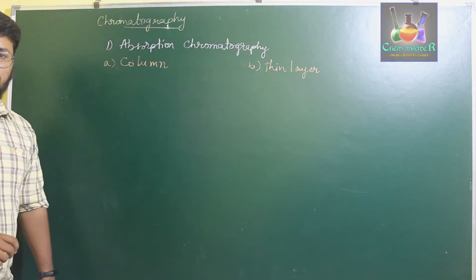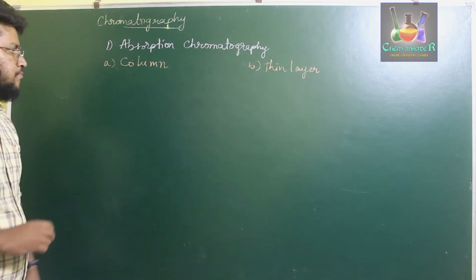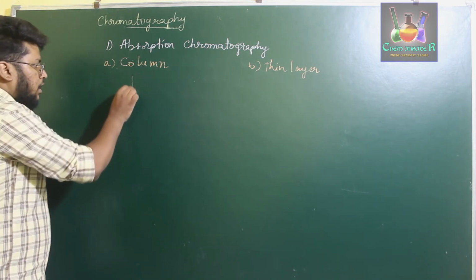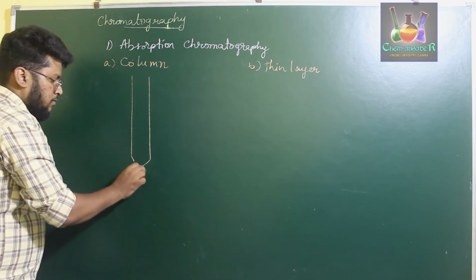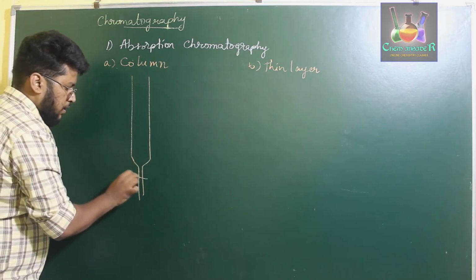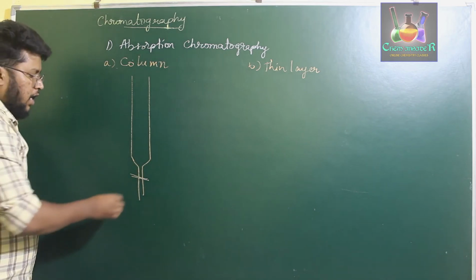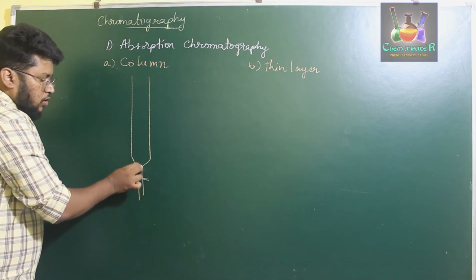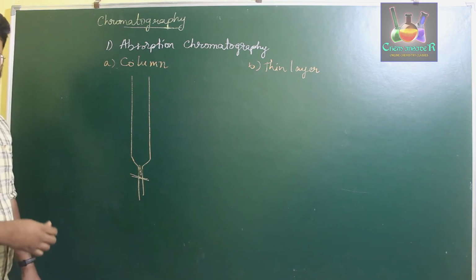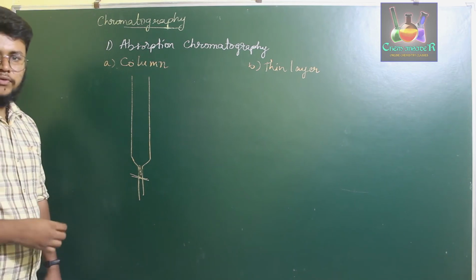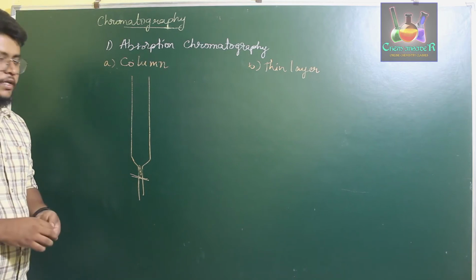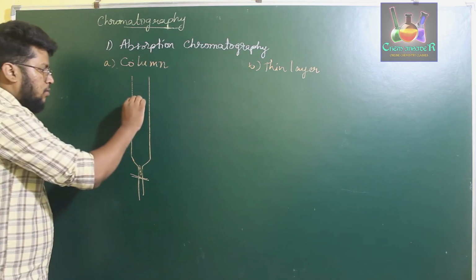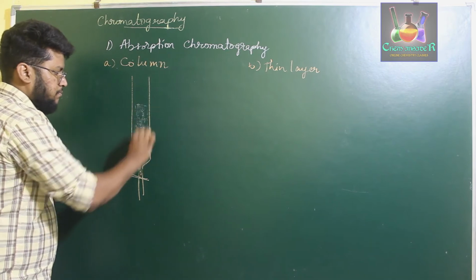So what do we do in a column chromatography technique? If you take a column of container like this, this particular glass container will be having a woolen or cotton bud at the bottom to stop the flow of adsorbent. So here we have three particular components, as I said earlier itself. One is a stationary adsorbent, it will be filled at the bottom.